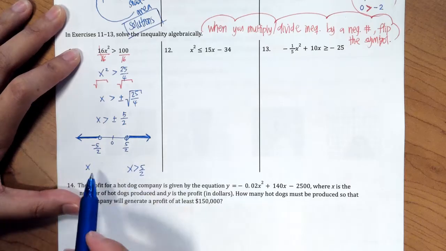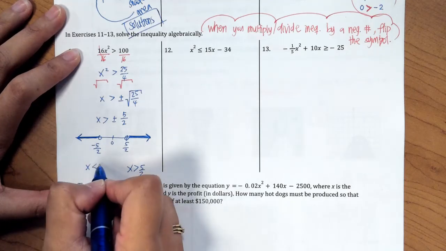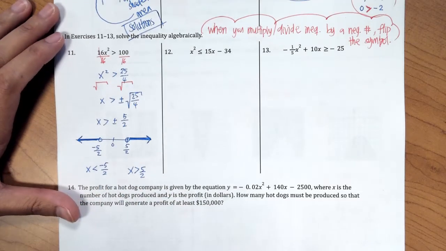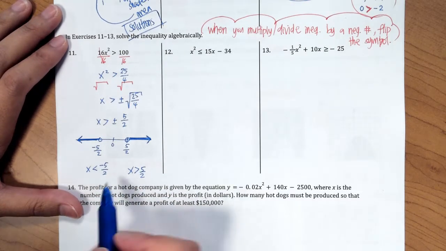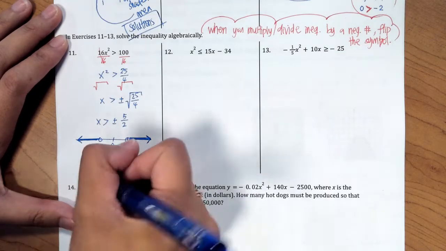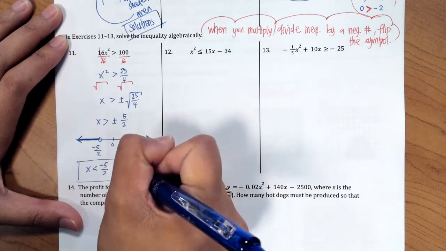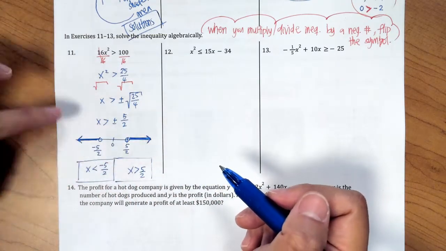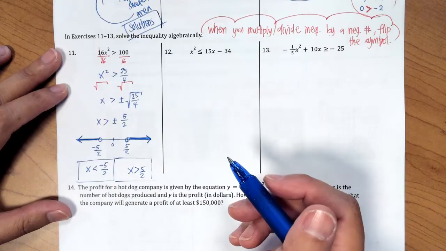And on this side, we want the values that are less than -5 over 2. This again has to do with the negative and the flipping thing. If you multiply by a negative, flip the sign. This means that this inequality has two portions of the graph, and they are both part of the same solution.